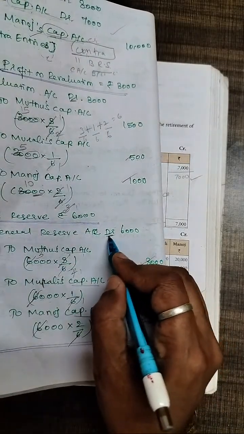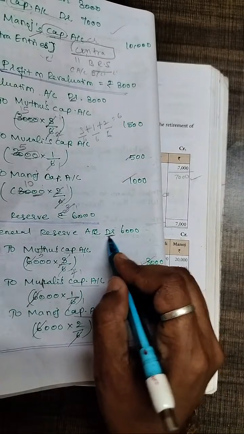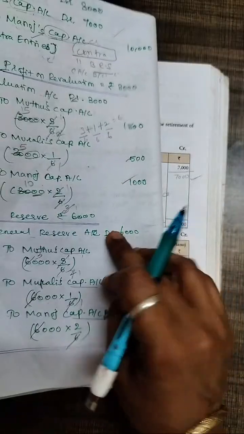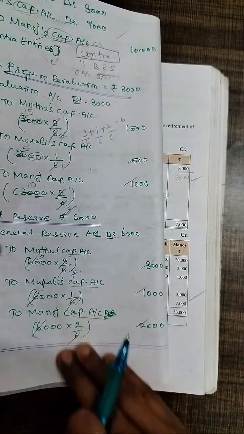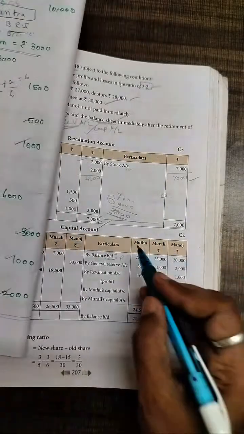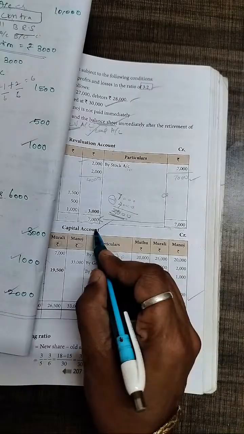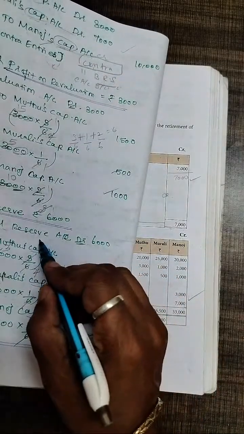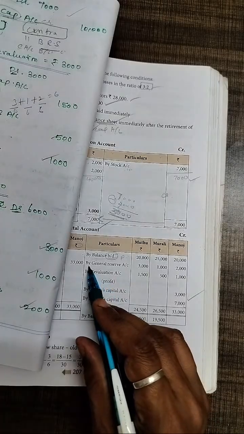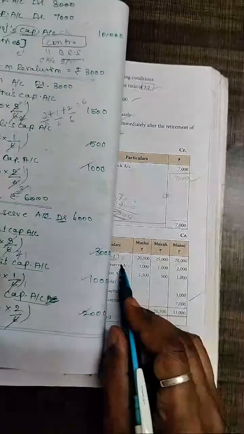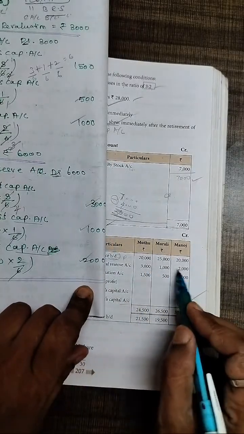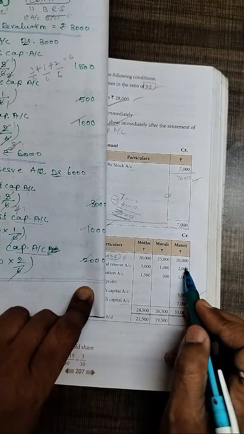For debtor we have the clue, general reserve account debtor. So if the general reserve account is on the debtor side, which account is on the creditor side? Capital account is on the creditor side. Got it? So you go to the credit side of the capital account and enter the opposite account, that is general reserve. So you are going to write 'by general reserve' on the credit side of the capital account. That 3,000 rupees, 1,000 rupees and 2,000 rupees is entered in the respective partners' columns.